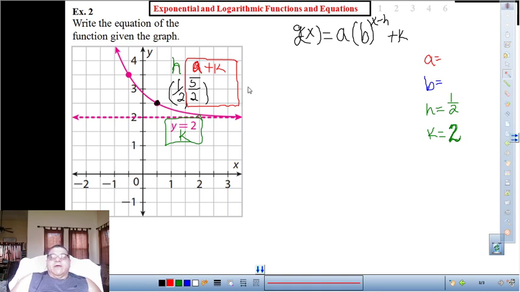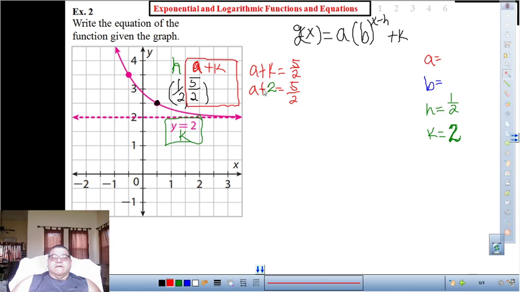So therefore, I'm going to write a plus k equals 5 halves. However, do we know what k is? Yeah, it's right there, which is what? 2. So I have a plus 2 equals 5 halves.